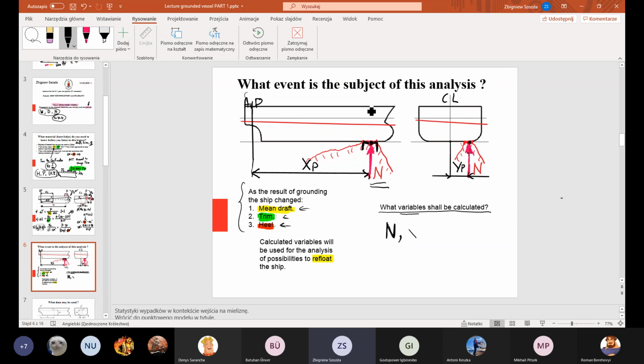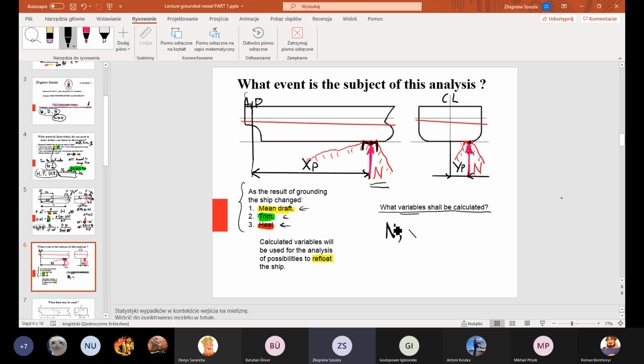But what we do to have simple calculations, we assume that area can be replaced by a point of action, and pressure distribution between ground and hull will be replaced by a force, one force.